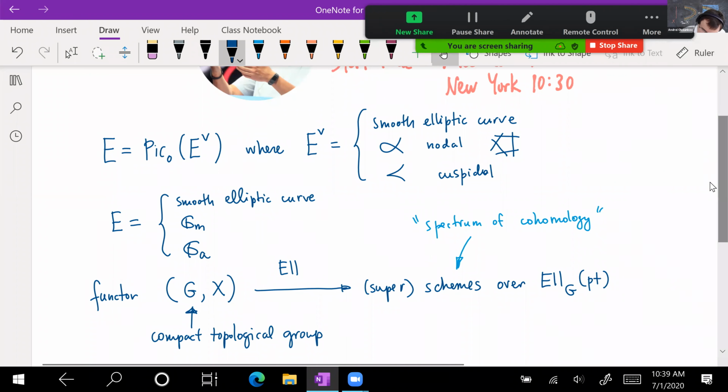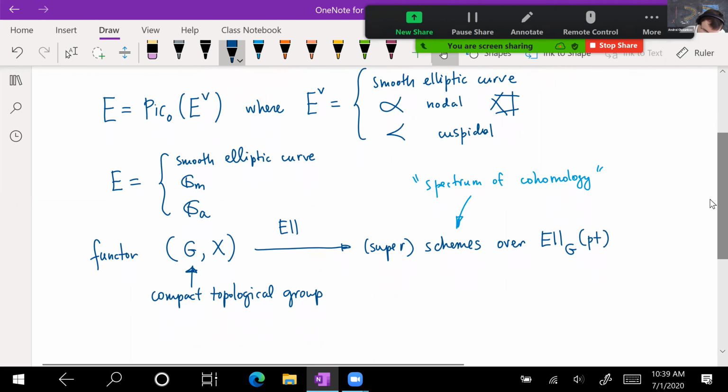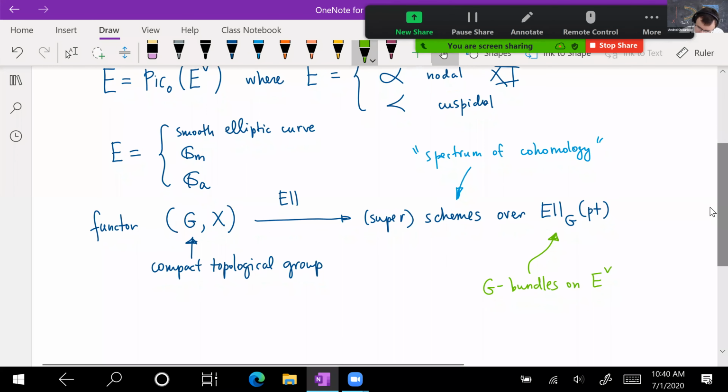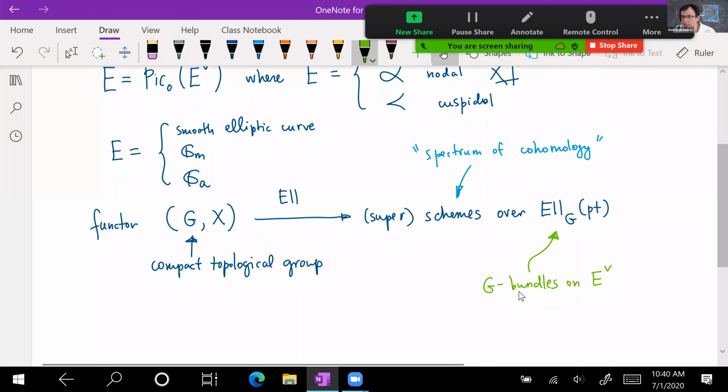And so what is that? More or less as we discussed yesterday, it's like G bundles on this E check. In particular, we would like them to be direct sums of stable bundles. That corresponds to the fact that here we would like to have a compact topological group, whose conjugacy classes are all semi-simple.